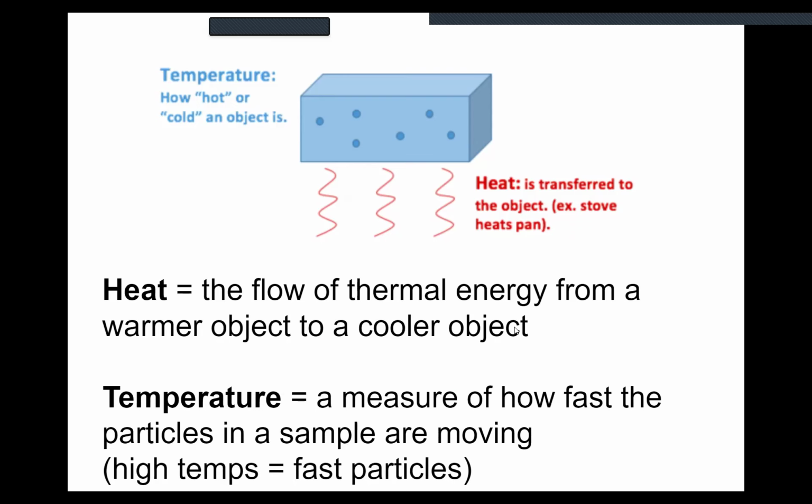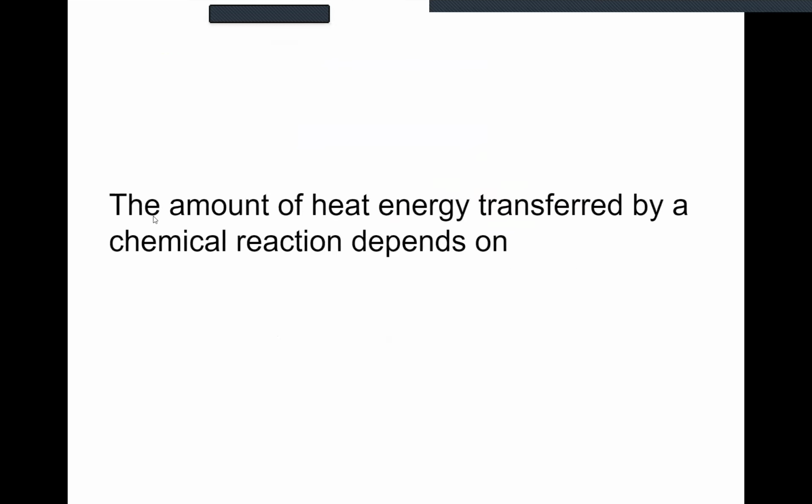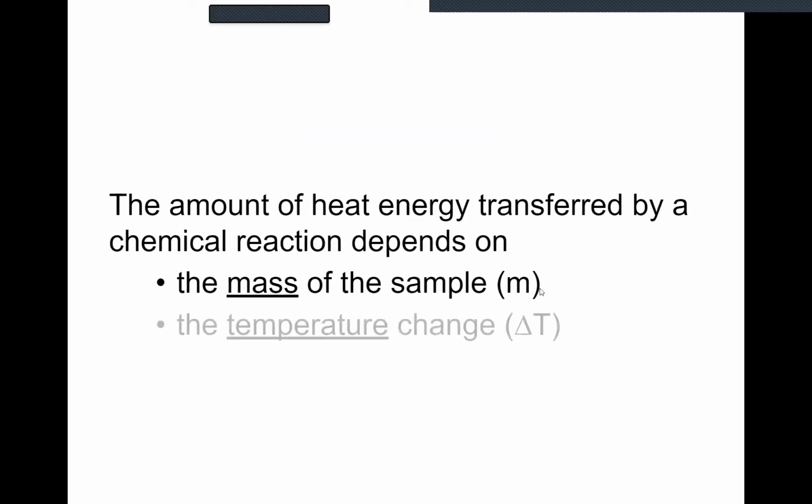All right, so then what does contribute to the amount of heat energy an object has or is receiving or losing potentially? Well, there's a few things. The amount of energy transferred by a chemical reaction depends on its size, how many particles there are. We can measure that with a scale. That's the mass of a sample, usually abbreviated with an M. Second, the change in temperature it experiences.